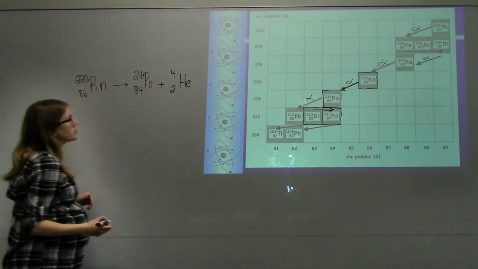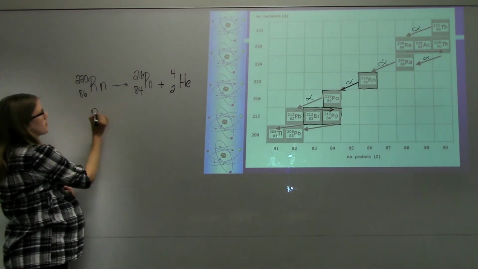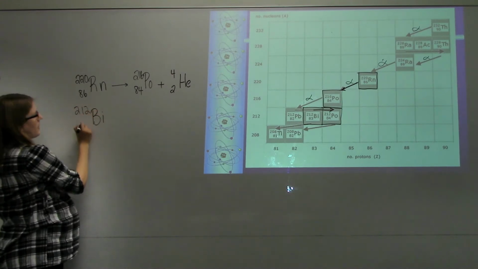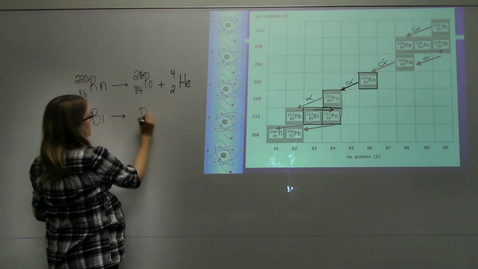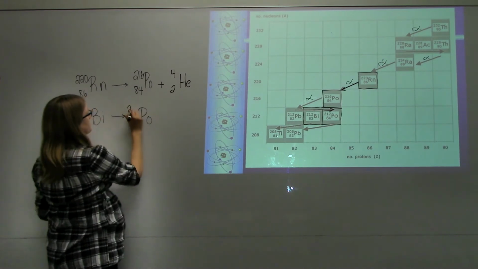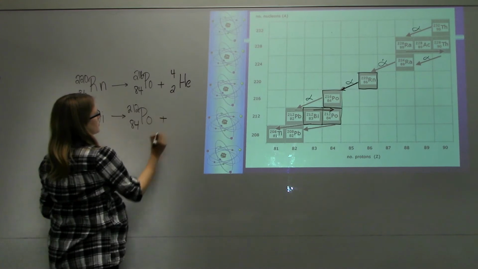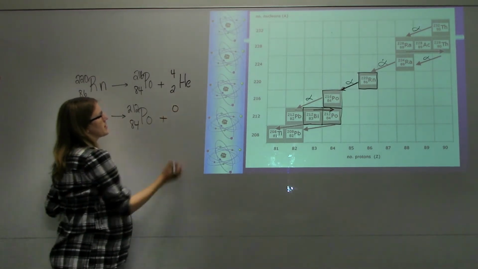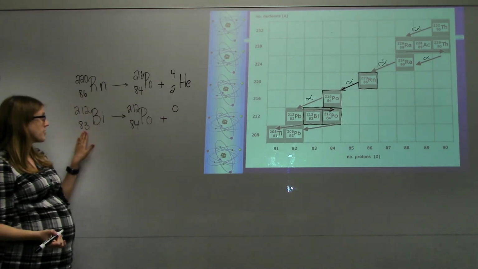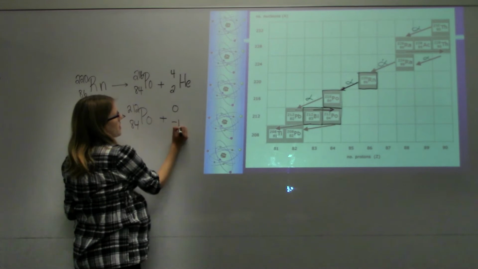Bismuth-212 to polonium-212. So bismuth, 212, and 83, to polonium, 212, to 84. Okay, let's see what we're going to need. 212, 212, so it's going to be a 0 on the top. 83, that means this side needs to be 83, so we need a -1 on the bottom.